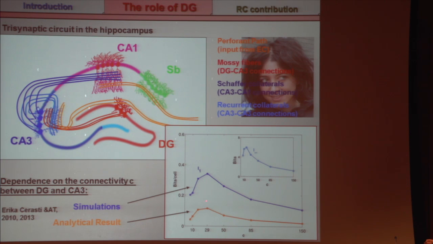But both show a maximum in this quantity, which is a measure of the information content of one of these spatial representations stored in the CA3 region, if the CA3 region listens also to what the dentate gyrus tells it, with one parameter, which is the number of synapses onto a CA3 cell that come from the dentate gyrus.